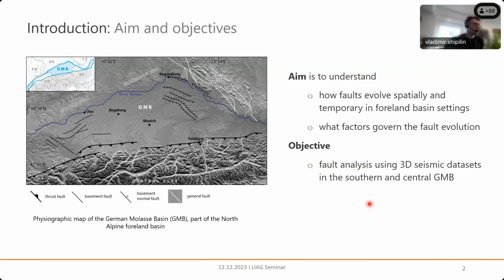In order to gain a better understanding of this complex topic, I chose as my playground the German Molasse Basin, which is part of the North Alpine Foreland Basin, which is fairly well covered by 3D seismic data. Using this seismic data, I carried out a thorough fault analysis in order to get a better understanding of how faults evolve in this kind of setting.